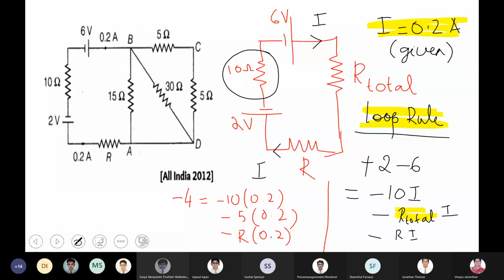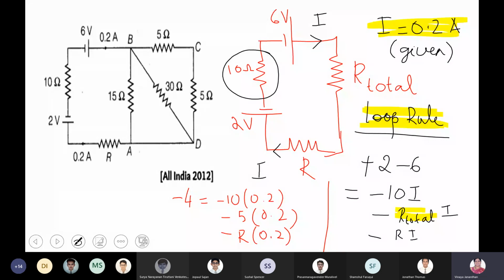Okay, fine. Let us check. What is the value of R here, boys? Is it 5 ohm? Okay, someone got 32, someone got 5. Let us see. Just calculate, boys. Ma'am, even I got 5. 5 ohms. Okay, fine.